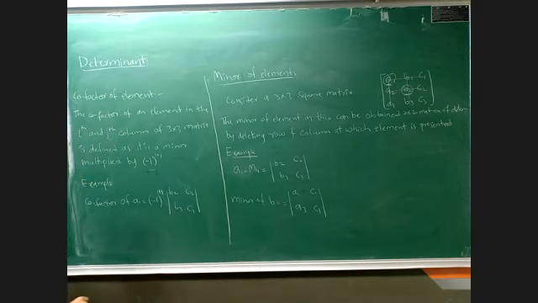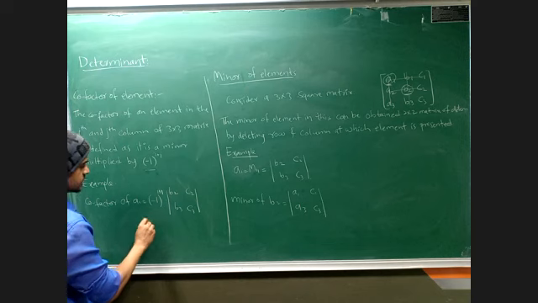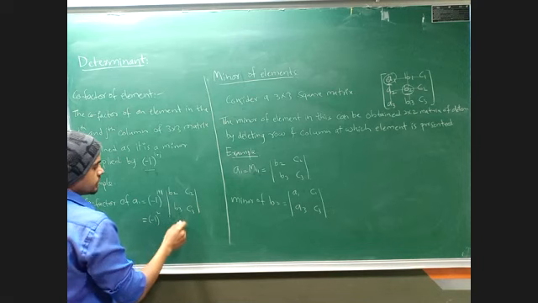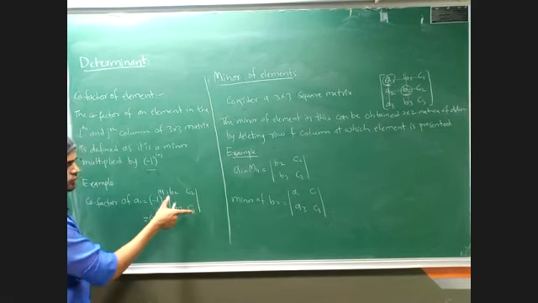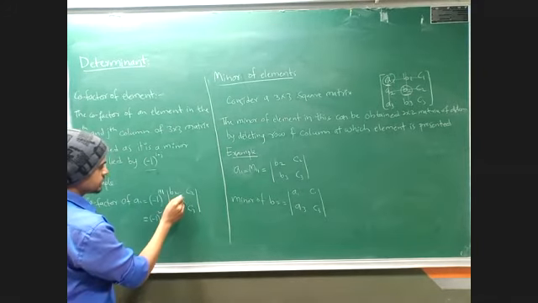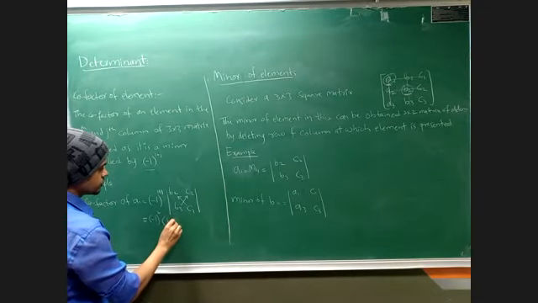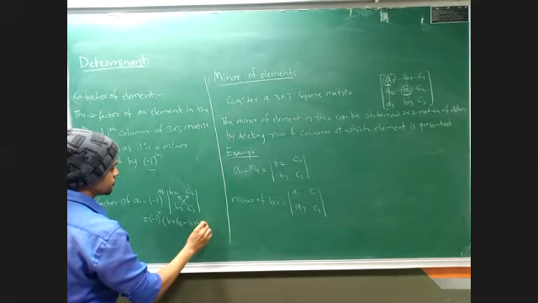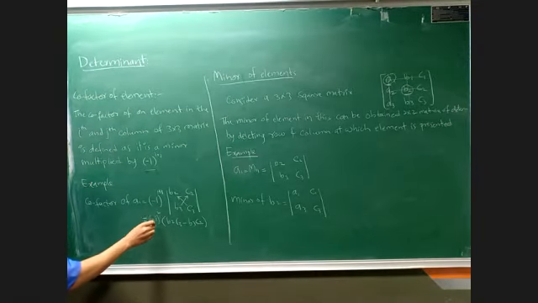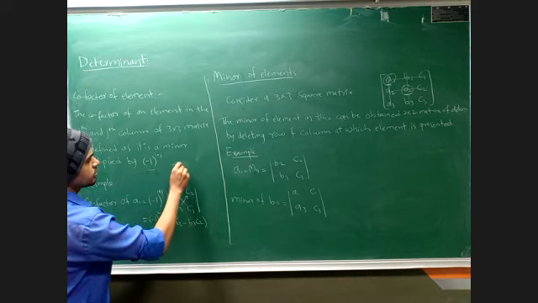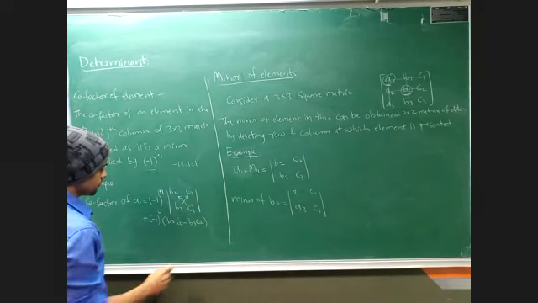Okay, so this will be minus 1 squared, and if I want to change it into an equation, we multiply this and this, minus this and this. So here B2 C3 minus B3 C2. Minus 1 squared is equal to 1, because minus 1 times minus 1 is positive 1.